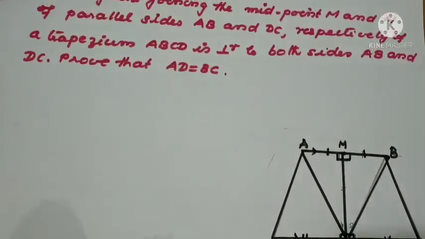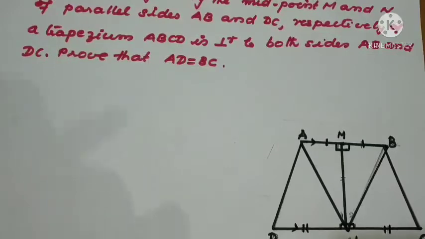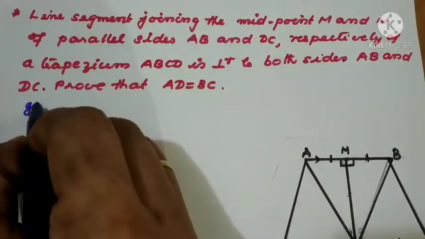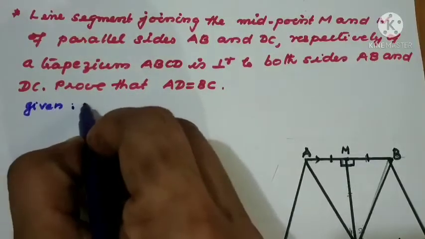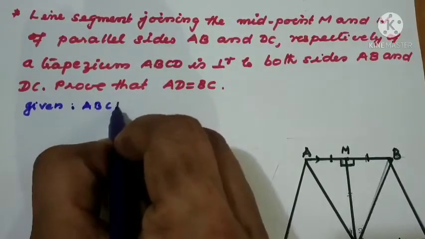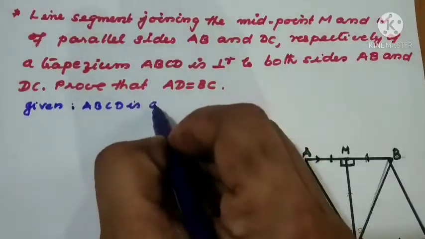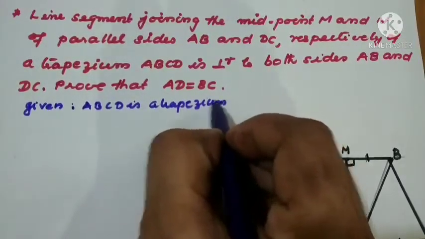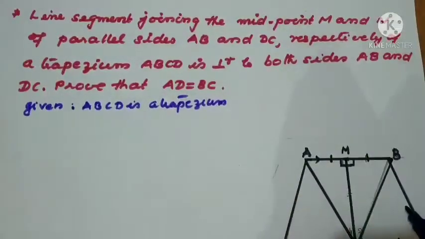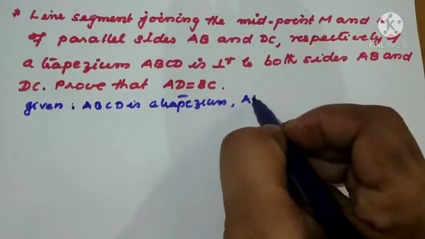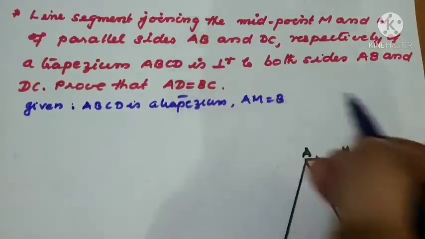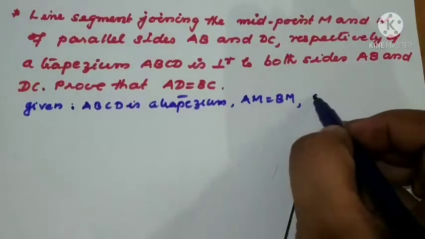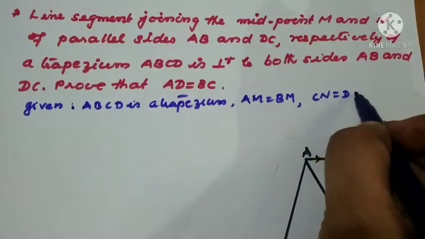Now let us start with what is given, what is to prove and all. Given: ABCD is a trapezium. M is the midpoint of AB, means AM equals BM. N is the midpoint, means CN equals DN.